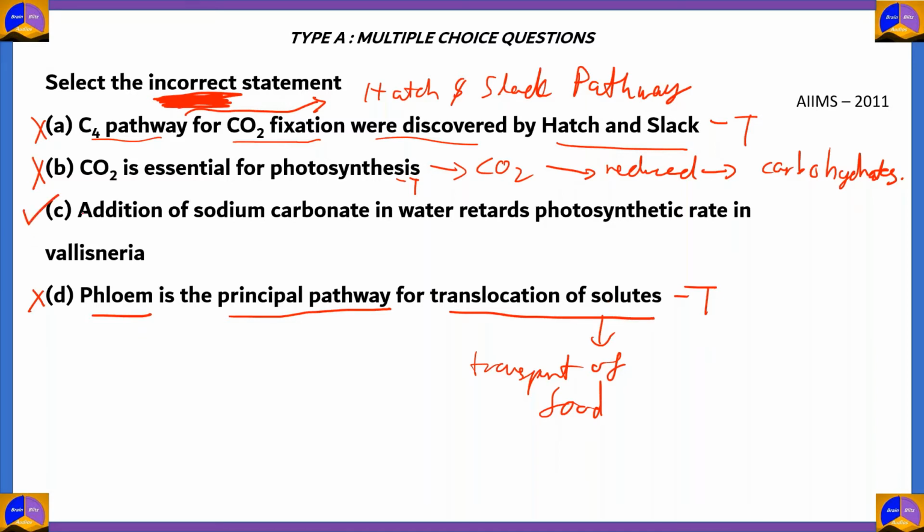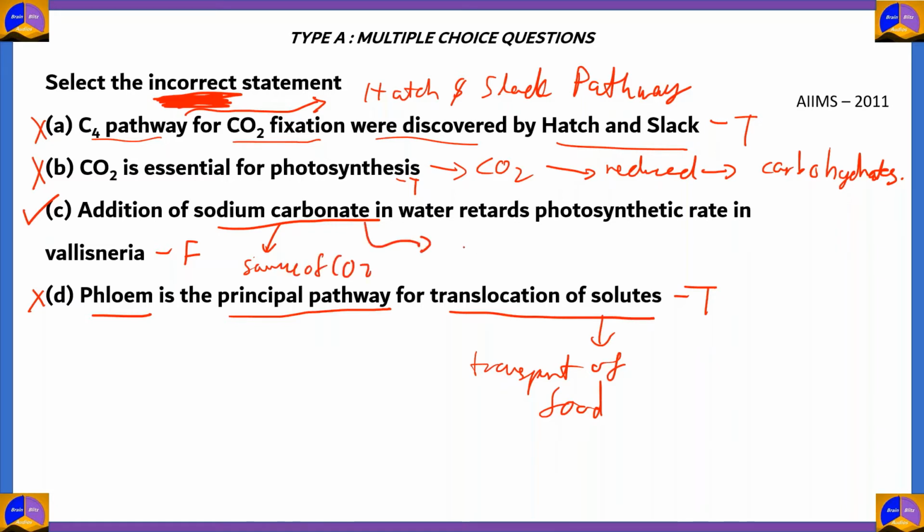That makes option C, addition of sodium carbonate in water retards photosynthetic rate in Vallisneria, the right option because that statement is incorrect. And the reason why it is incorrect, there are two things. One thing is that sodium carbonate acts as a source of CO2.